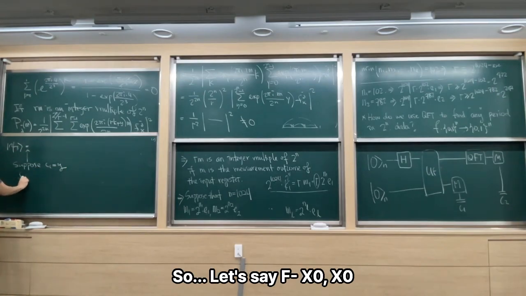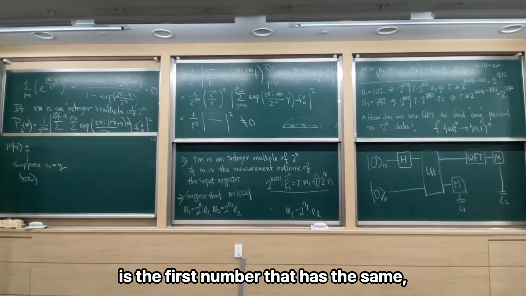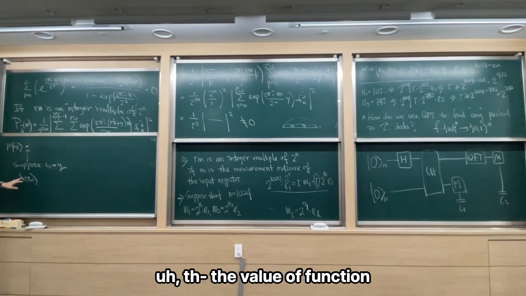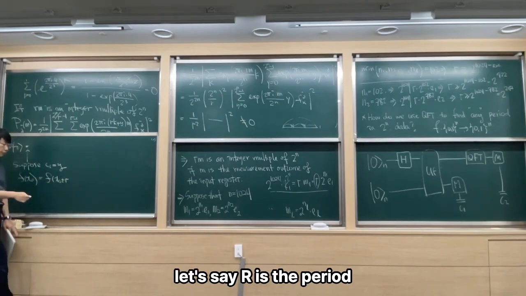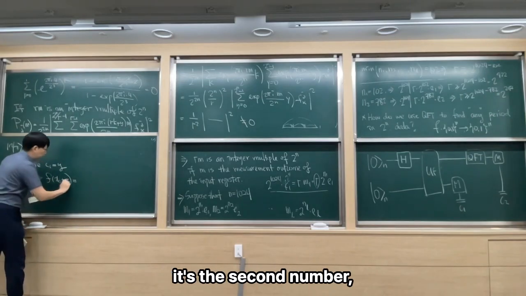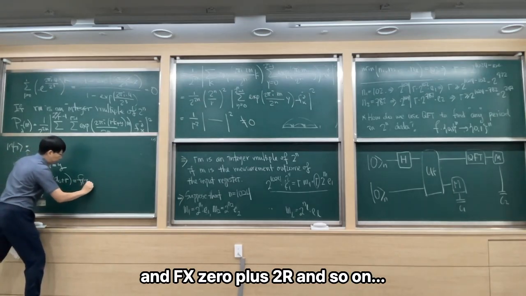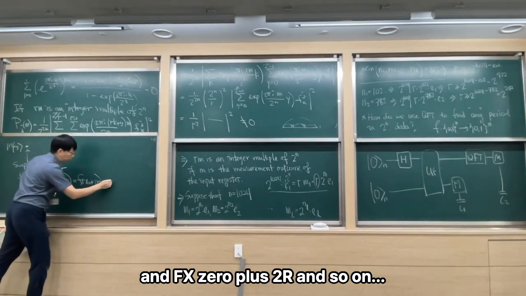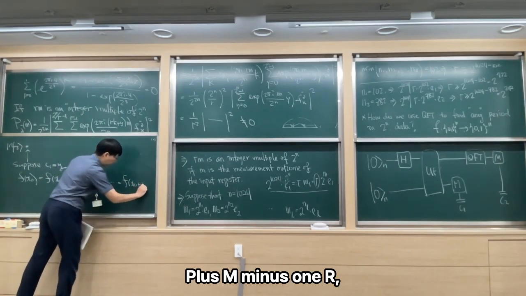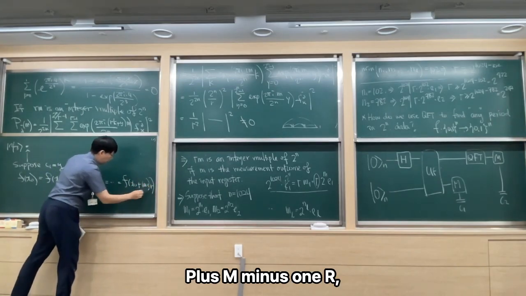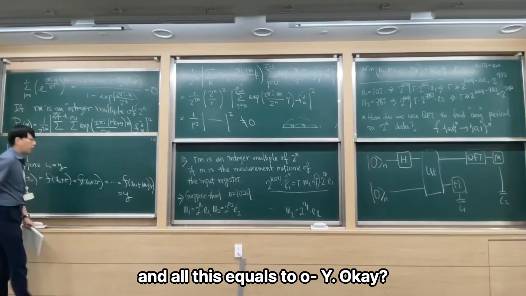Let's say f(x0), where x0 is the first number whose function value is the same as y. For the next, let's say r is the period, which we don't know, f(x0 + r), then f(x0 + 2r), and so on, up to f(x0 + (m-1)r), and all of these equal y, okay?